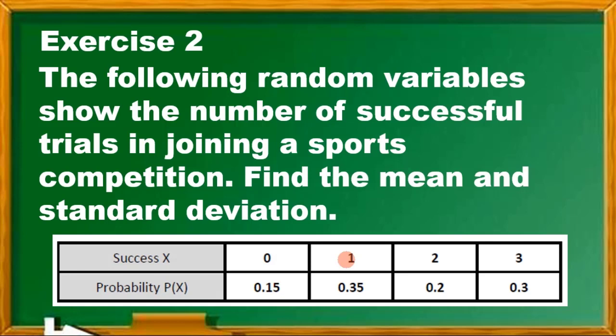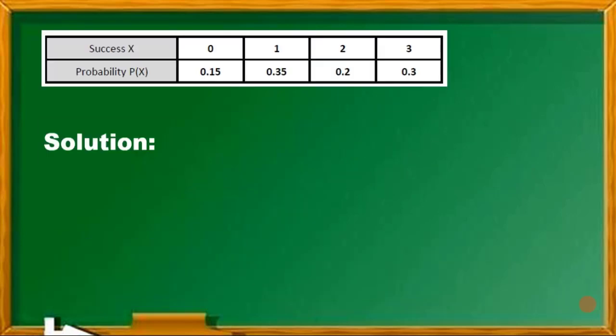If one successful trial in joining a sports competition, so you try and then you get successful ones, then the probability of joining is 35% or 0.35. If it's 2, then we have 0.2. If it's 3, then we have 0.3.